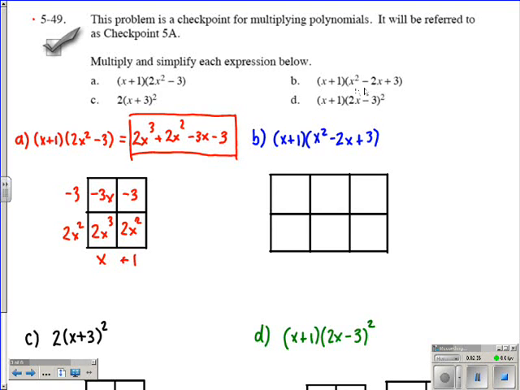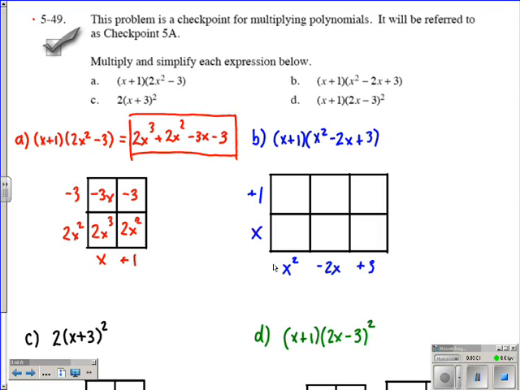We've got a 2 by 3, so we've got a rectangle that's 2 by 3. So let's change over to blue here. Let's do x plus 1. And on the bottom, I'm going to have x squared minus 2x plus 3. So as long as we know how to multiply, we should be all right here.